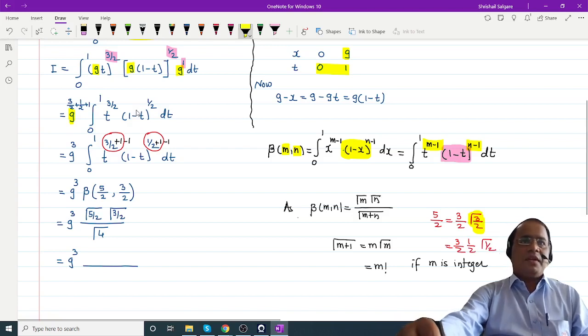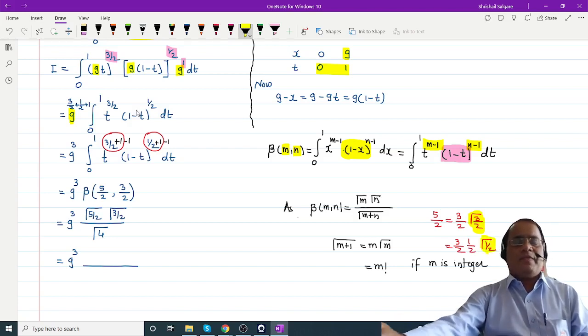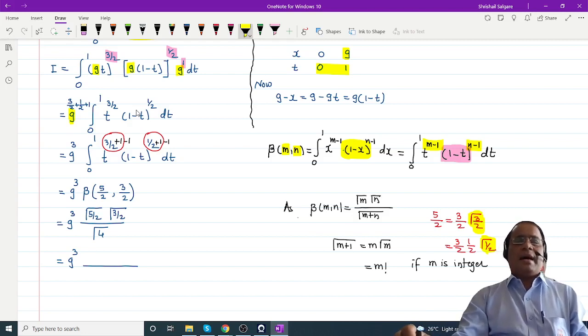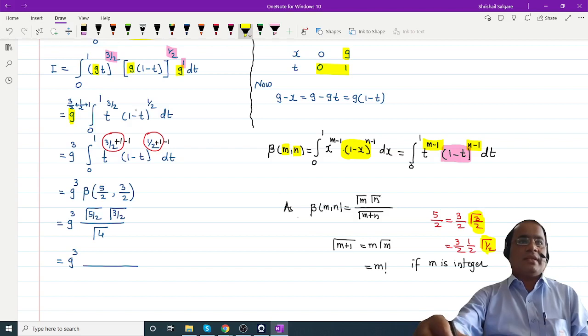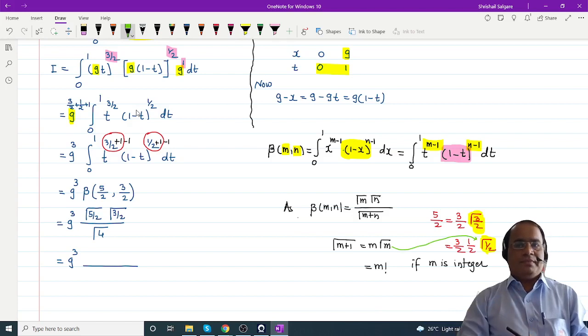Suppose further I apply the same property for gamma of 1 by 2, and you reduce it by 1, what will come? Suppose this property, gamma of m plus 1 is m gamma m, I still apply to this gamma, and you reduce that number by 1 again, what will come?